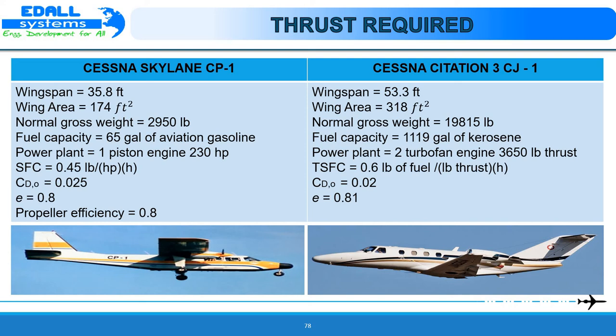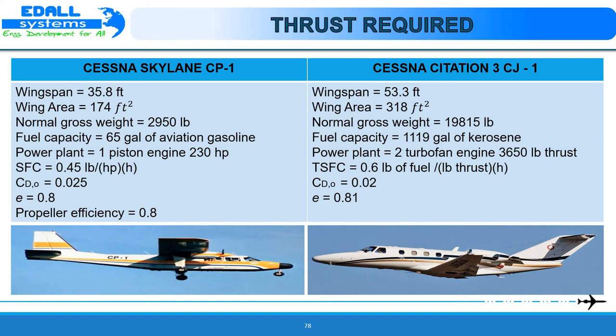Next is the jet-powered executive aircraft, approximately modeled after the Cessna Citation 3. For convenience, we will designate our hypothetical jet as the CJ1, having the following characteristics: wingspan equal to 53.3 feet, wing area equal to 318 square feet, normal gross weight equal to 19,815 lb, fuel capacity of 1,119 gallons of kerosene, power plant of 2 turbofan engines of 3650 lb thrust.